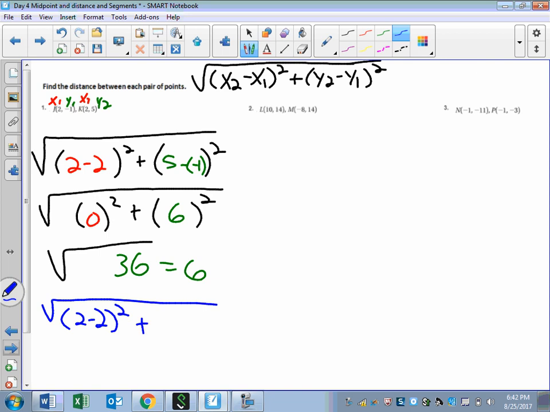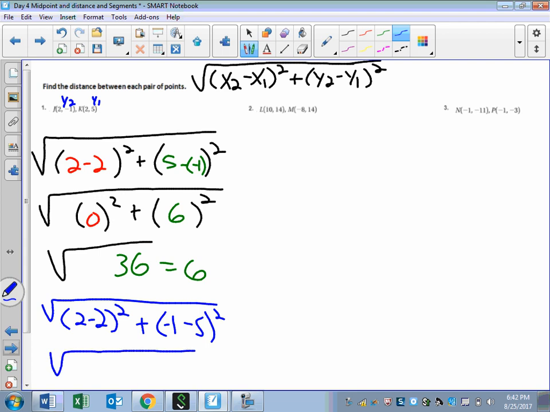But if we said negative 1 first, so I'm going to change this to y2, and I'm going to change 5 to y1. Negative 1 minus 5 squared. Well, you can see we're probably going to get the same thing again, right?